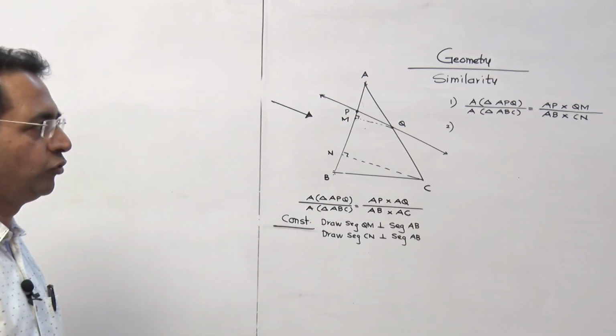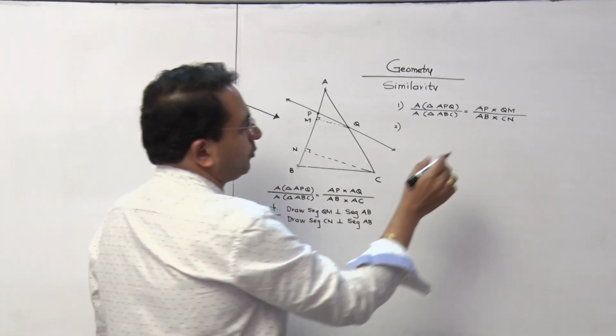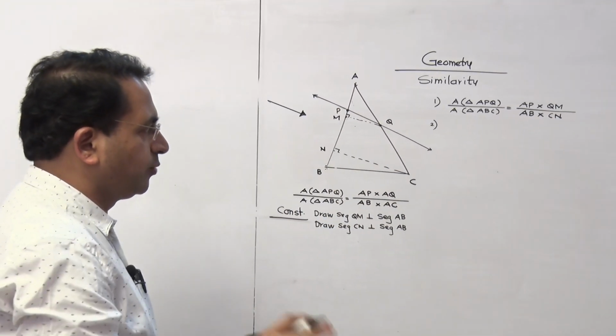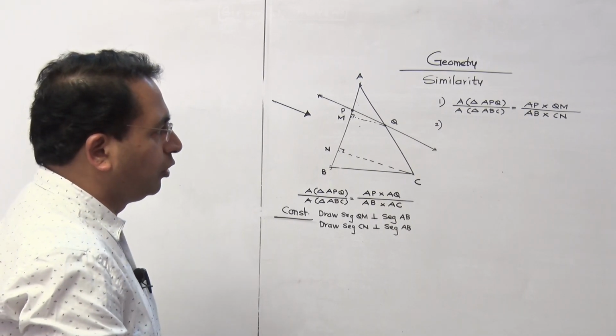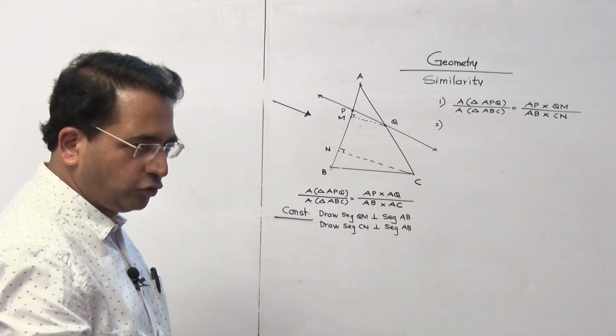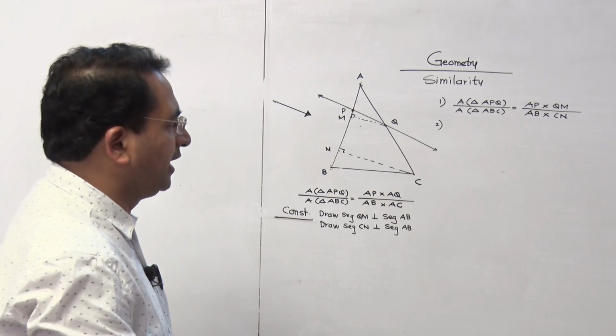So I can write down this part. What reason should I write here? Property number 1 in your textbook. I am not writing that, you must be aware of that. Ratio of areas of 2 triangles is equal to the ratio of the product of the base and the corresponding height.